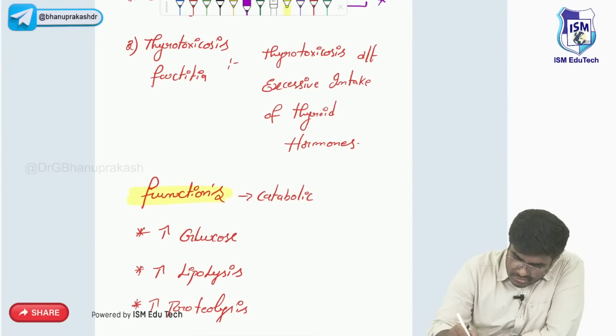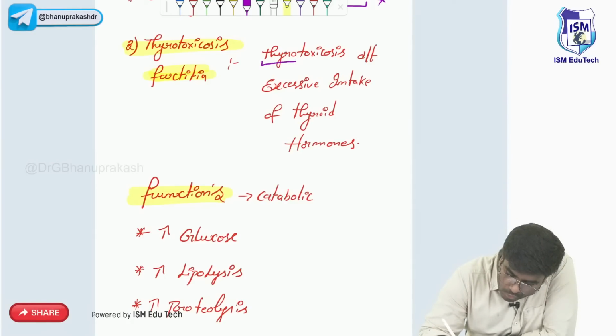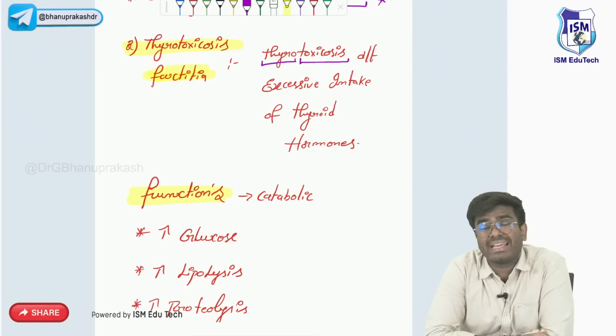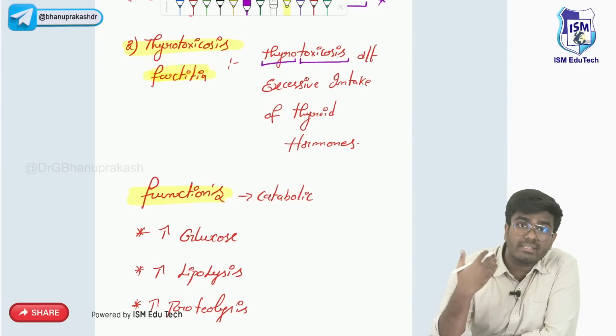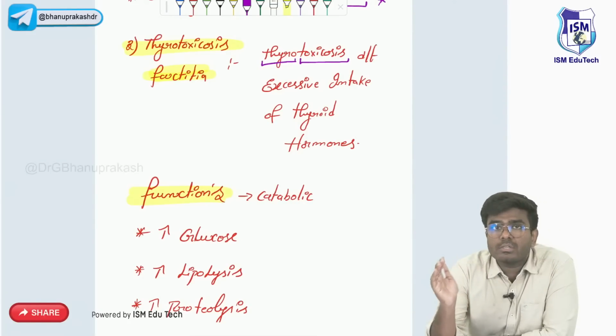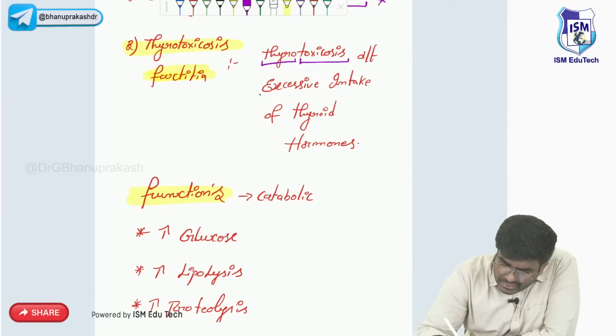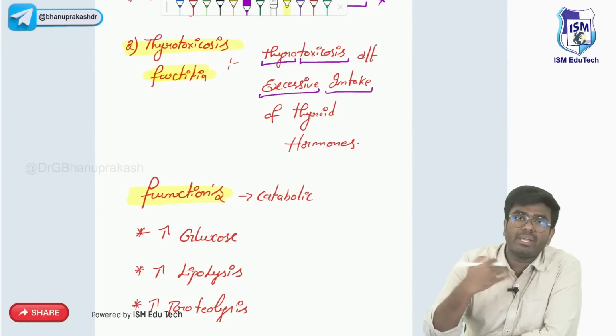Now, after seeing Jod-Basedow effect, also know about thyrotoxicosis factitia. What exactly is thyrotoxicosis factitia? See here, the patient is having the toxic effects of thyroid hormones, the side effects of thyroid hormones. Because of the excessive presence of thyroid hormones, the side effects are being seen. So, thyrotoxicosis factitia means the patient has taken excessive intake of thyroid hormones from outside, from exogenous source.